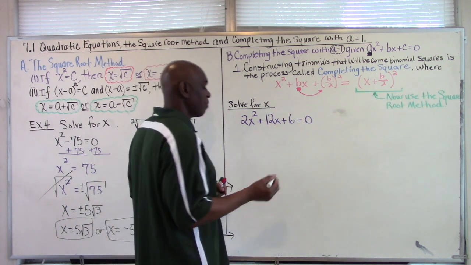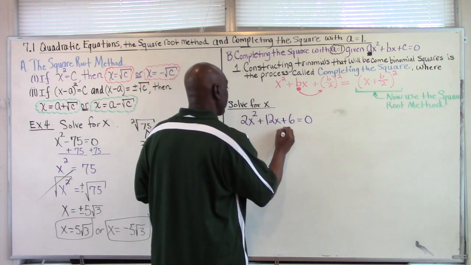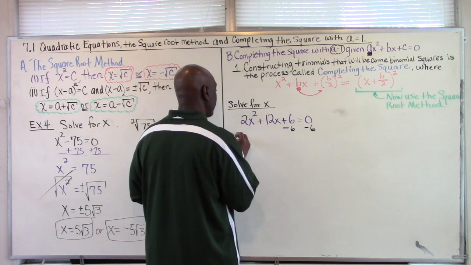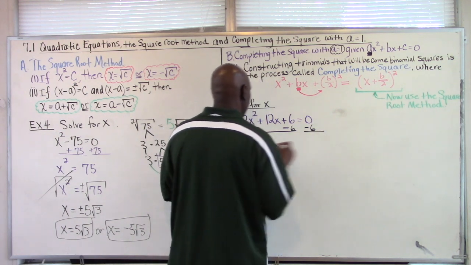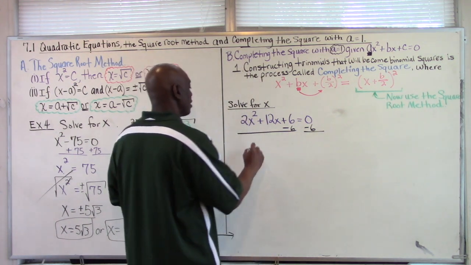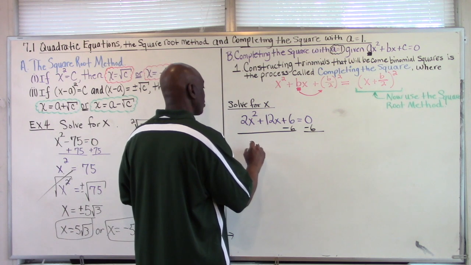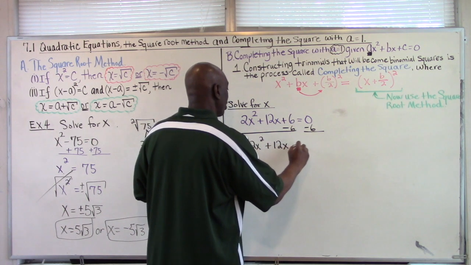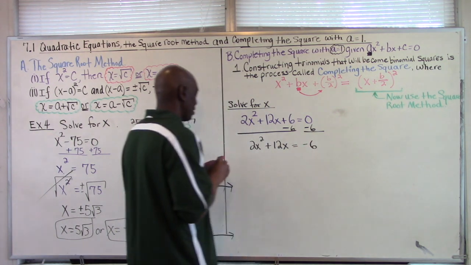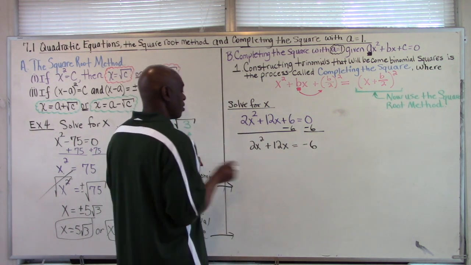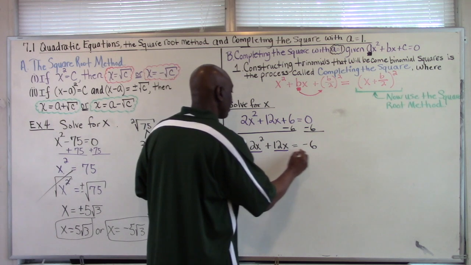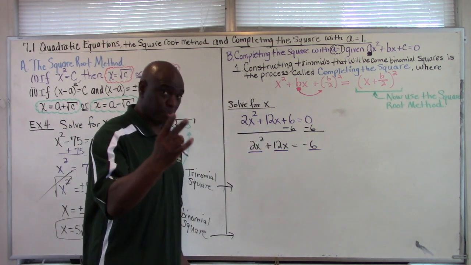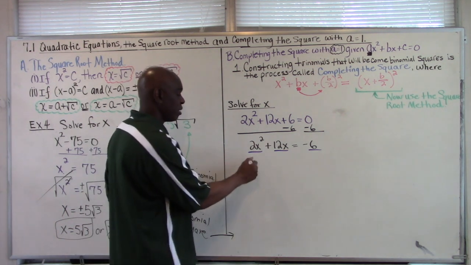So the first thing I'm going to do is take this 6 and subtract 6 from both sides. And if I do that, I'm going to get 2x squared plus 12x equals negative 6. And then I'm going to divide everything by what number? 2. Because I need a 1 right here in front.